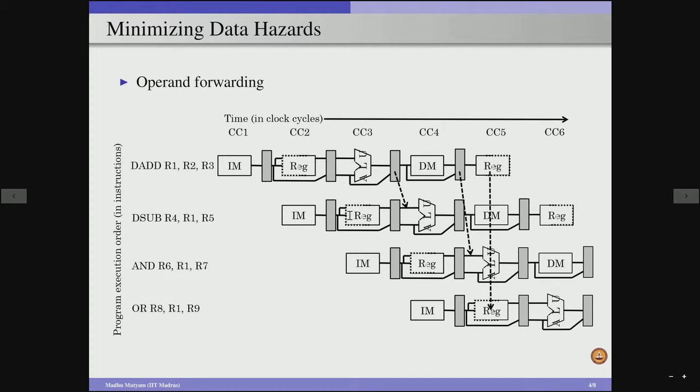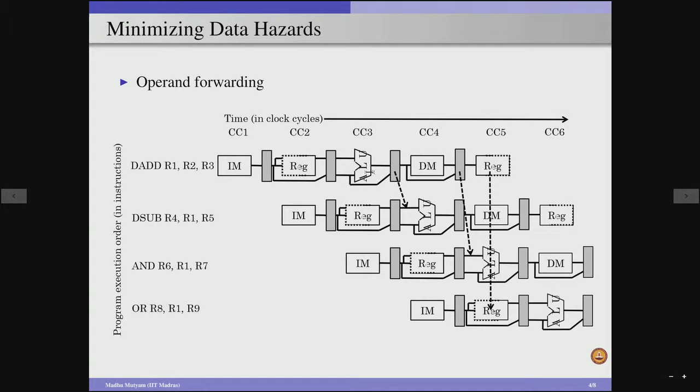As a result, even without reading the value from the register, as soon as the previous instruction, that is the add instruction, performs the add operation, the temporary register or the pipeline register associated with this ALU functional unit can forward the computed value directly to the ALU input of the subtract operation.